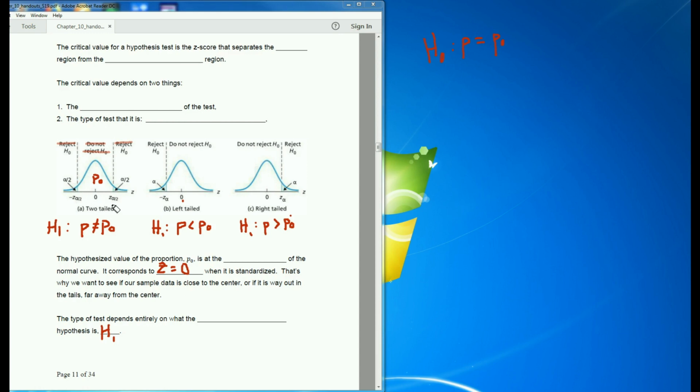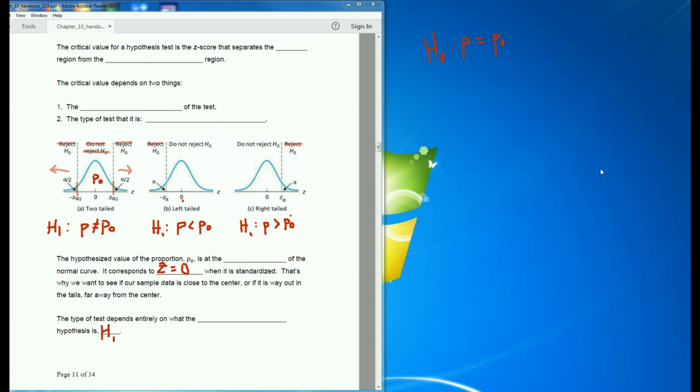So for example, for a two-tailed test, you have these two critical values, beyond which you would say, well, that sample data is really far away from my hypothesized value, so therefore I'm going to reject the null hypothesis. Same thing for the left-tailed or the right-tailed test, but in that case, there's only one rejection region, either on the left or on the right. Okay.